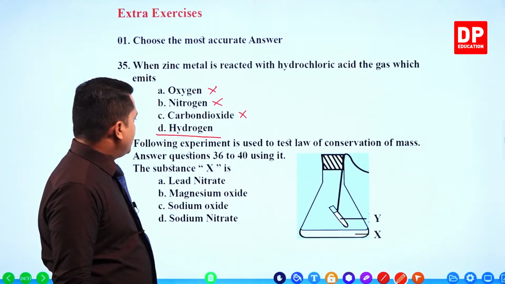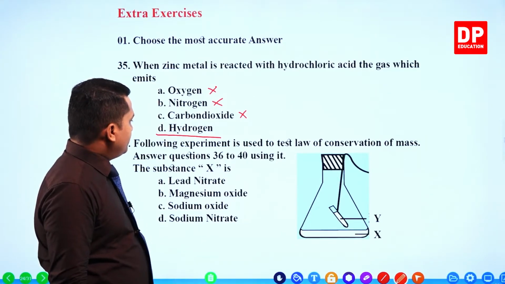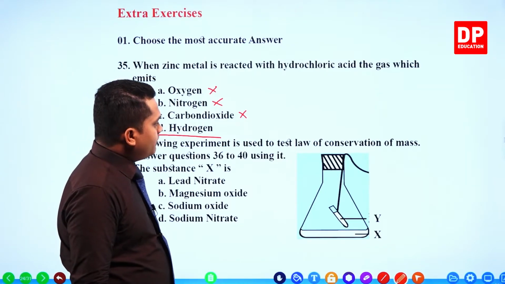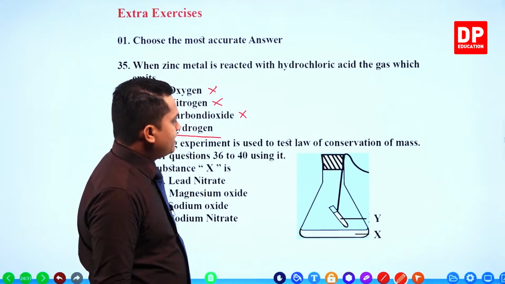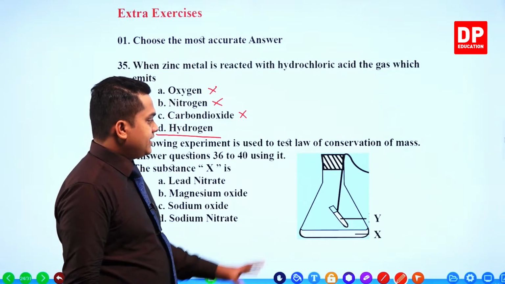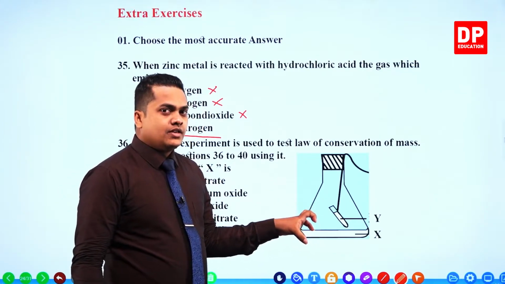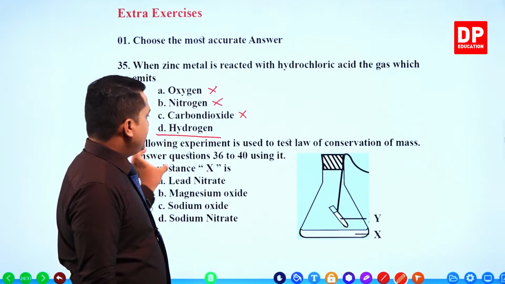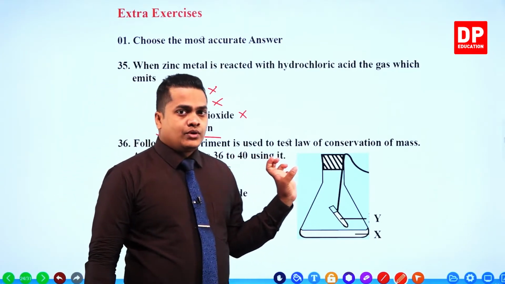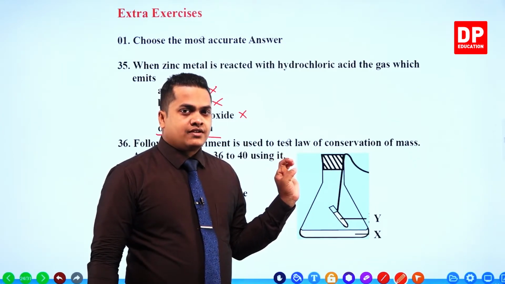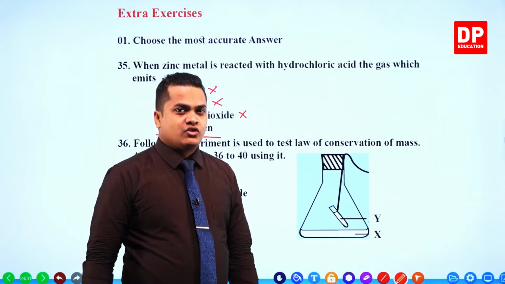Right. Question number 36. The following experiment is used to test the law of conservation of mass. Yes, we did this experiment at our laboratory, right? This is conducted to observe the unique feature referred to as the law of conservation of mass.